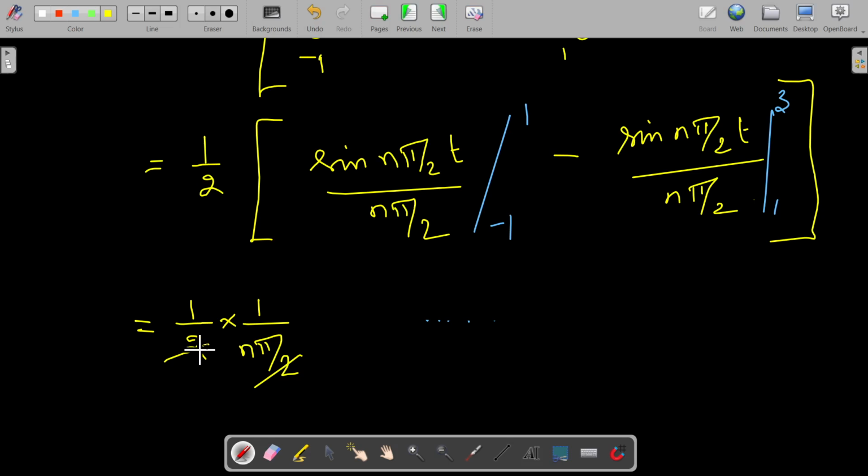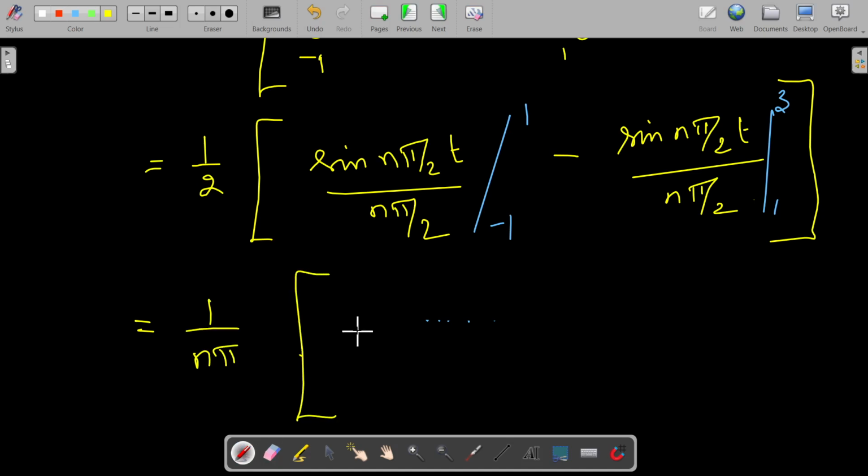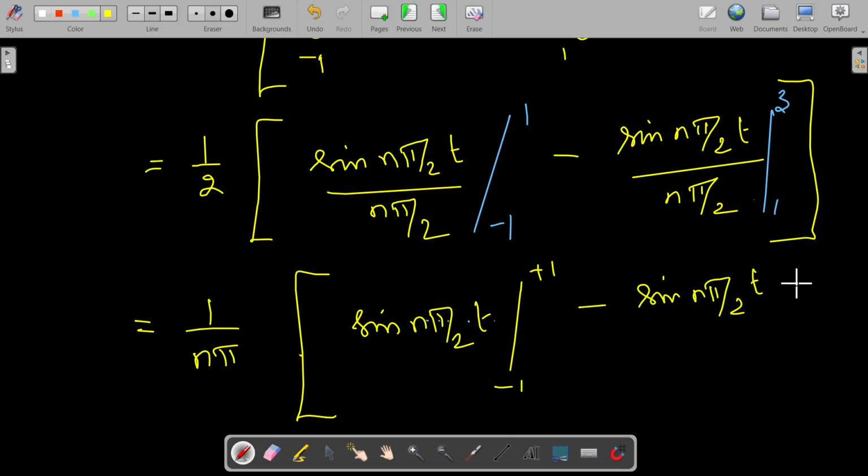So this 2 and 2 get cancelled, right? So that it can be written as 1/(nπ). So within this we have sine(nπ/2 t) with the limits minus 1 to plus 1, minus sine(nπ/2 t) with the limits 1 to 3.